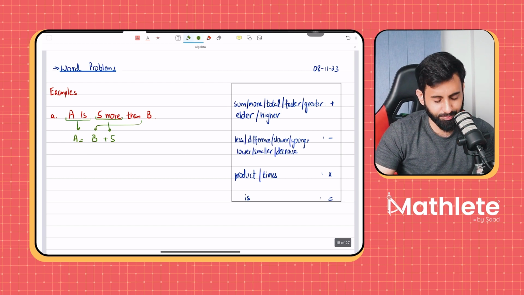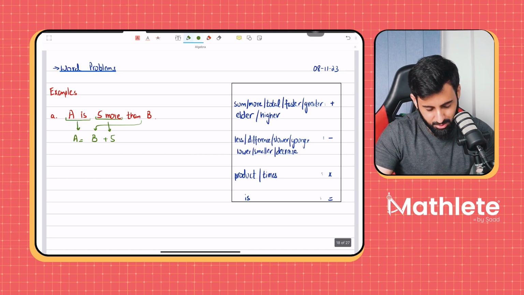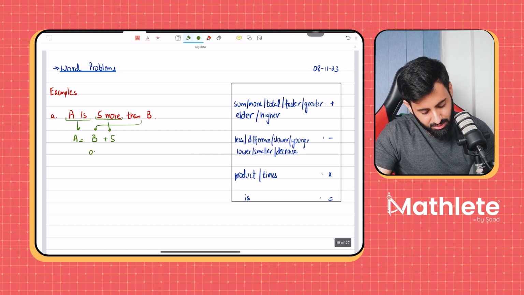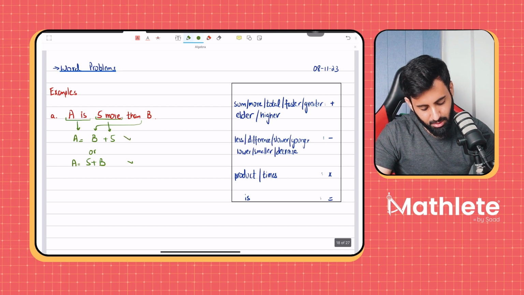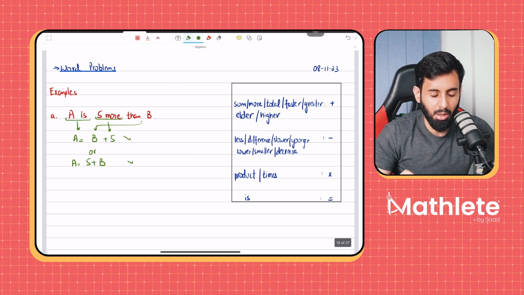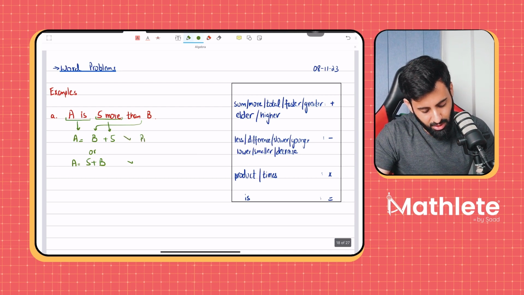Now, you may be wondering what if we write it as A equals 5 plus B? There's nothing wrong with that, you get away with it. They both mean the same thing. But this is what I would prefer, and this is what I would discourage.